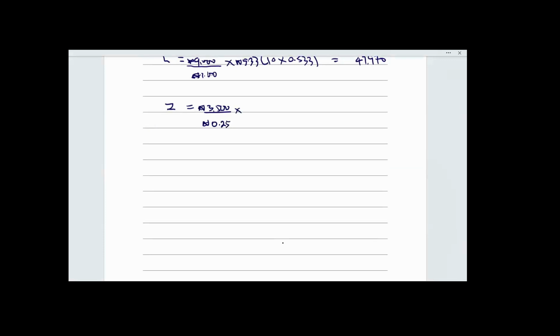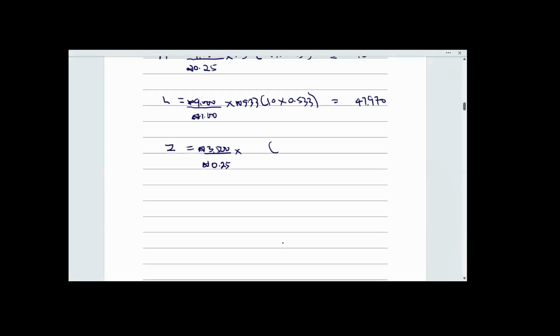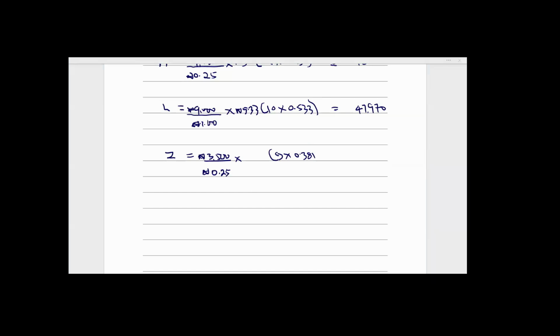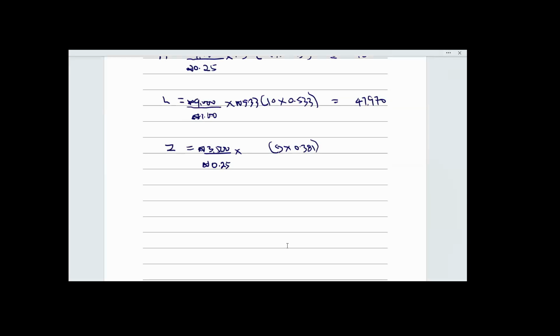So multiply by the share price. I don't know the share price, so let's work it out. The price earning ratio of Zambezi is 9. 9 multiplied by 0.381 is 3.429.